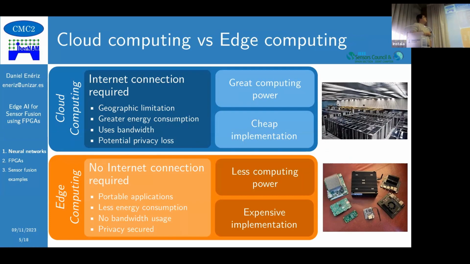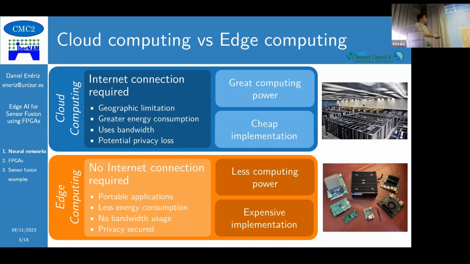You need a constant internet connection to operate the model, which limits its applicability geographically. It increases the energy consumption, amplifies the use of the bandwidth of that internet connection, and also poses potential data privacy risks if a third-party data center is used to execute your model.